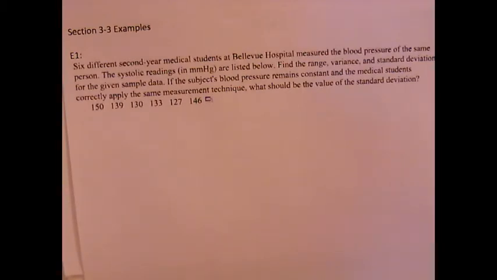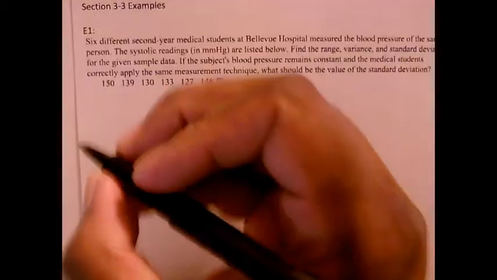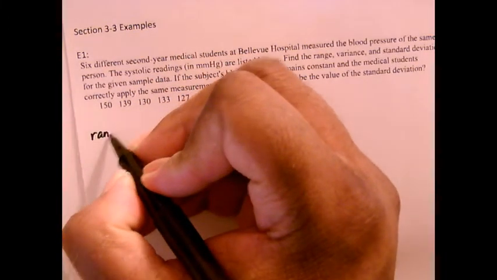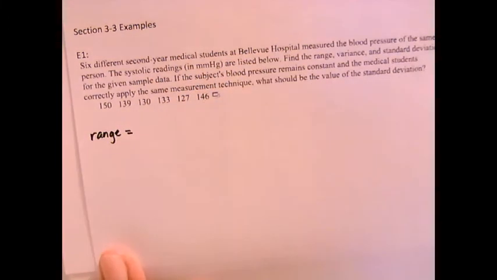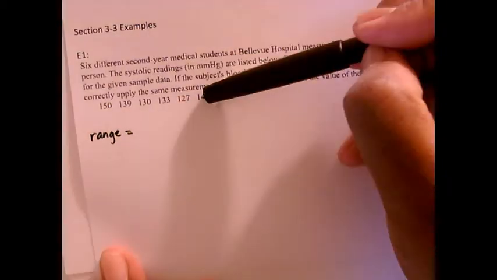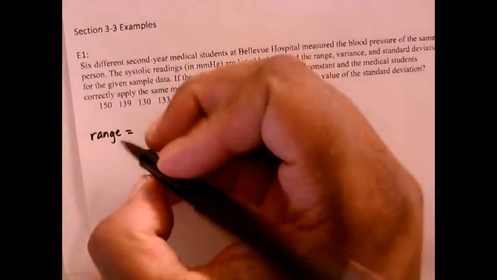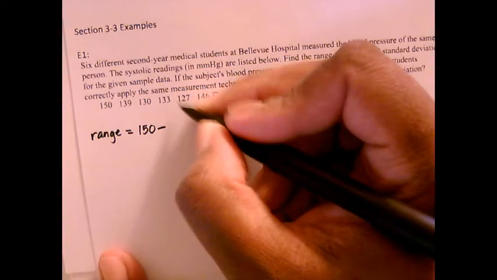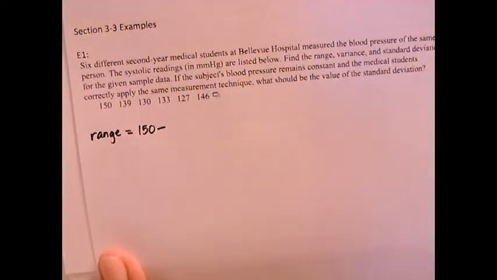So here we're finding the range of this set of data. Let's start with that. Anytime you find the range, you're taking the maximum data value and you're going to subtract the smallest data value from it. Here, the maximum data value in this set of data is 150, minus the smallest data value in this set, which is 127.